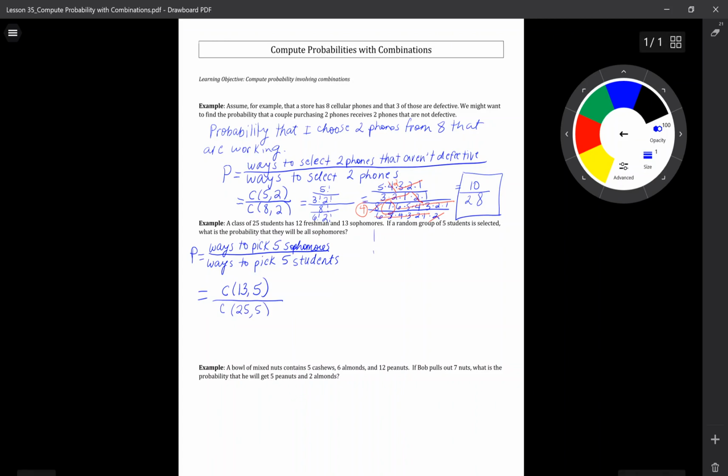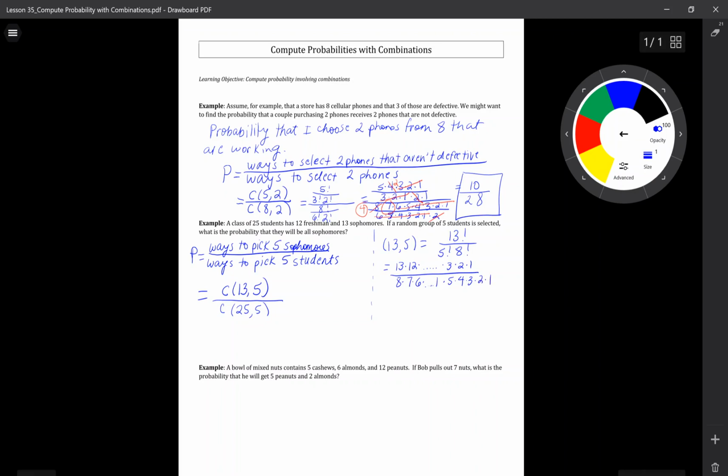All right, let's do this math off to the side here. So let's first do 13, choose 5. Well, this is 13 factorial divided by 5 factorial, 8 factorial. That will be 13 times 12 times all the way down to 3, 2, 1 over 8 times 7 times 6 times all the way down to 1 times 5 times 4 times 3 times 2 times 1.